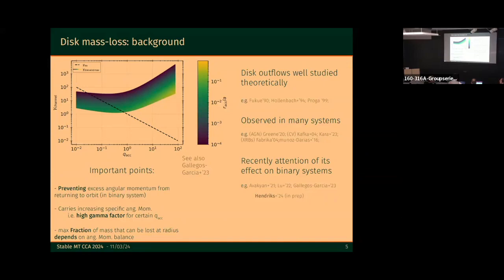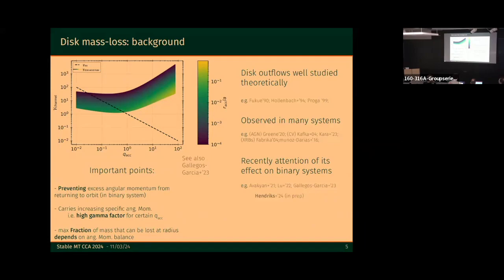One small side note is that we cannot lose 100% of the mass at the outside of the disk. There's a balance between how much we can actually lose at a certain location. To move a certain fraction of mass outwards, you need to move the rest inwards, basically. So this is not a golden ticket to losing a lot of angular momentum, right? There's a balance here.